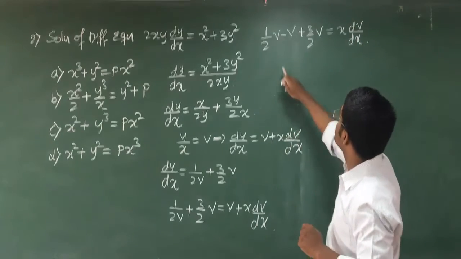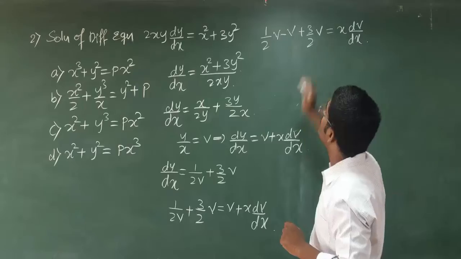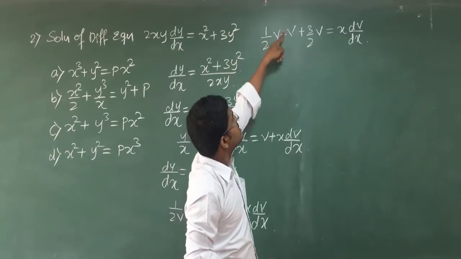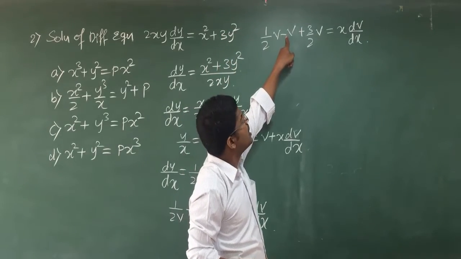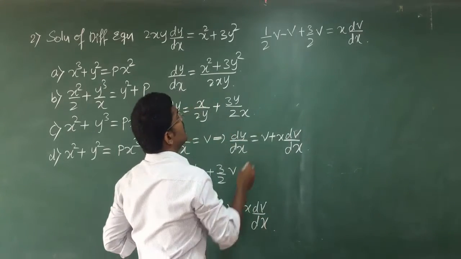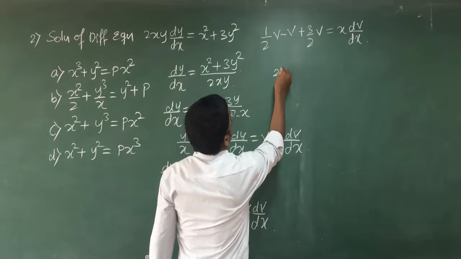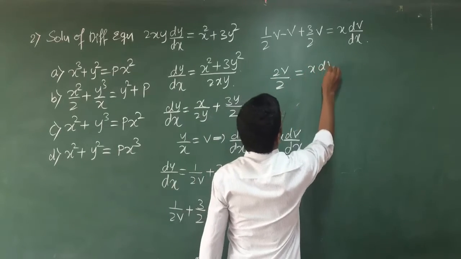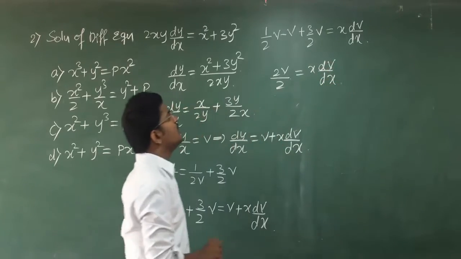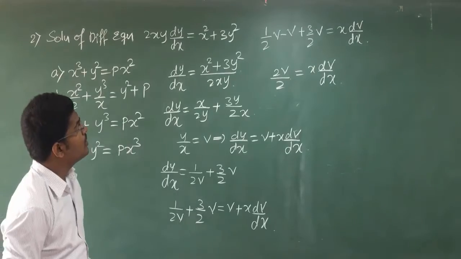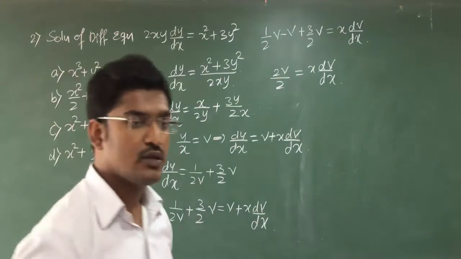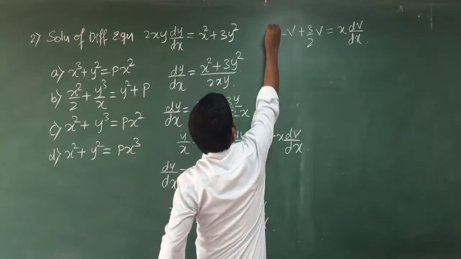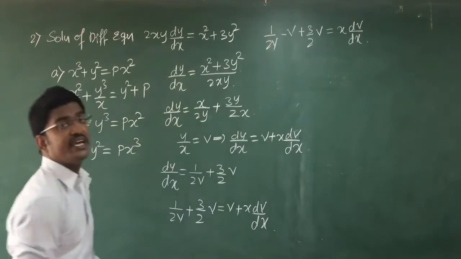Clear? So here you can simplify: 1 by 2v, minus v, plus 3v by 2. The LCM would be 2, but you can't write it like this, because this term is 1 by 2v, so you can't take the LCM across all terms.